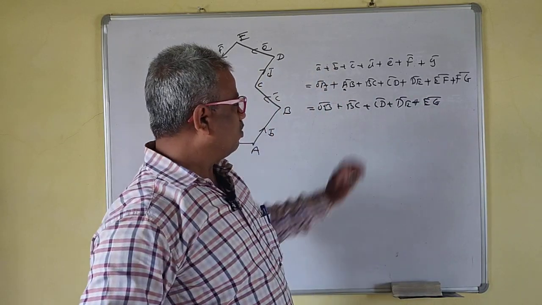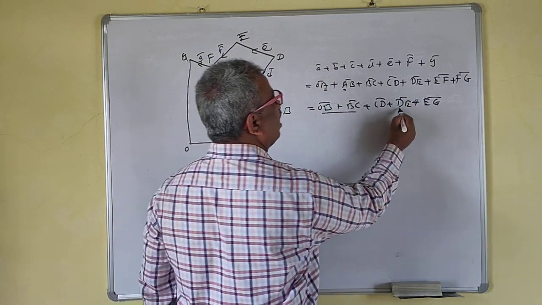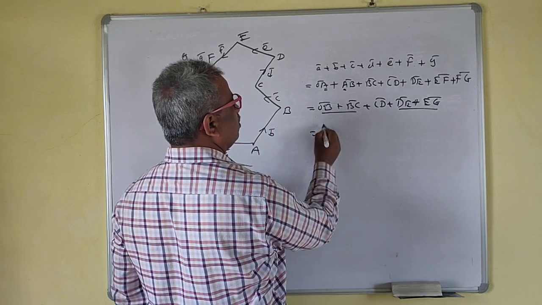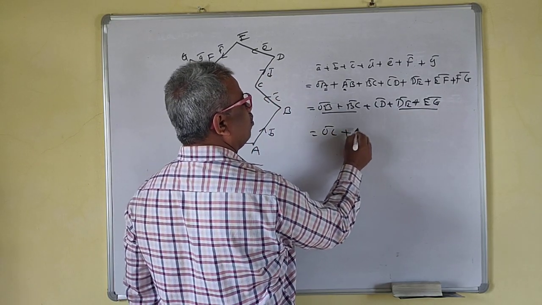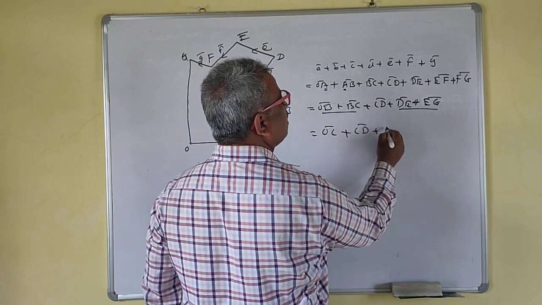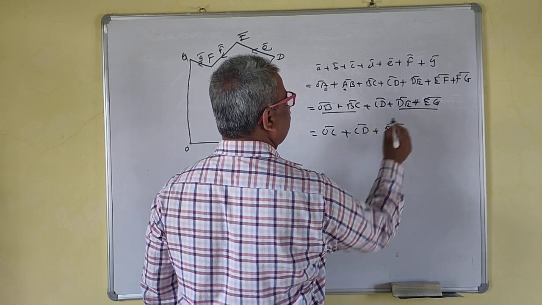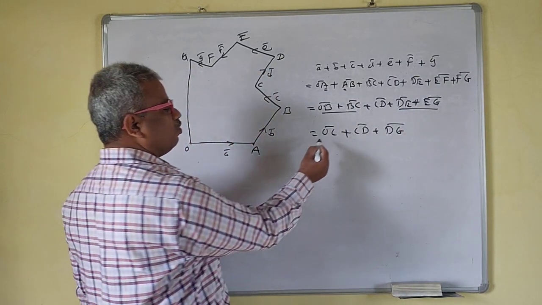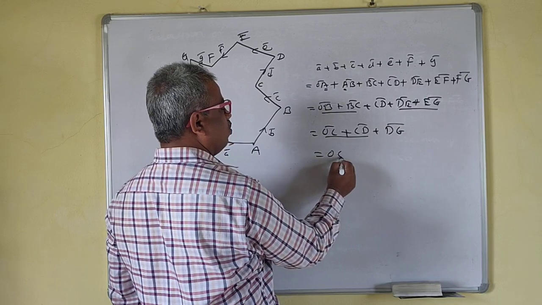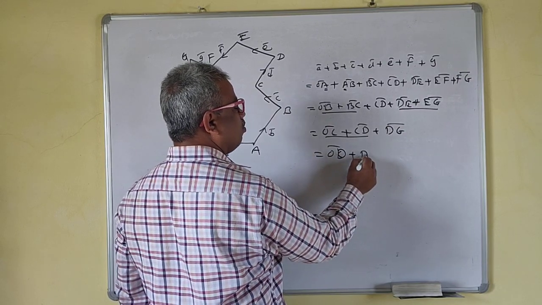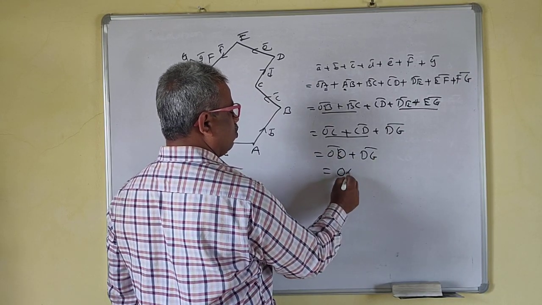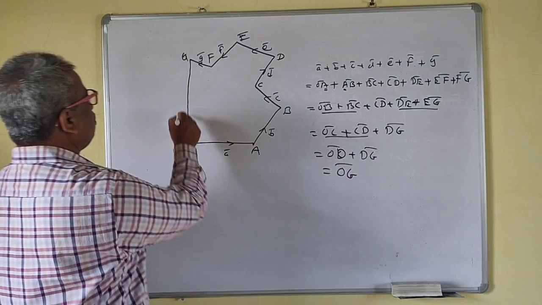Now if you take these two and these two, what will this be? OC bar plus CD bar, that is OD bar, plus DG bar. Then OD bar plus DG bar is your OG bar. So this is your OG bar.